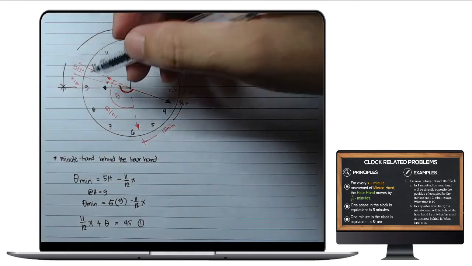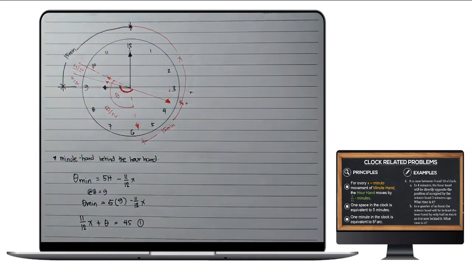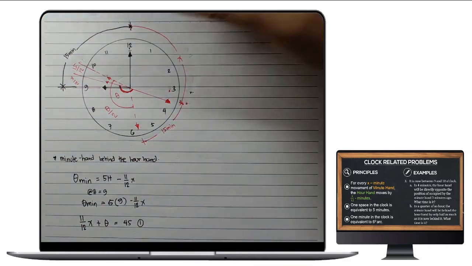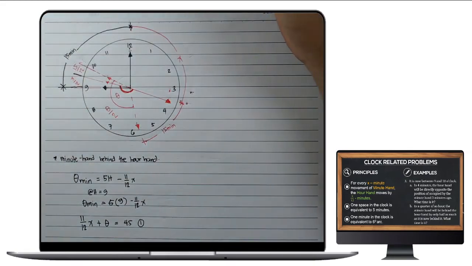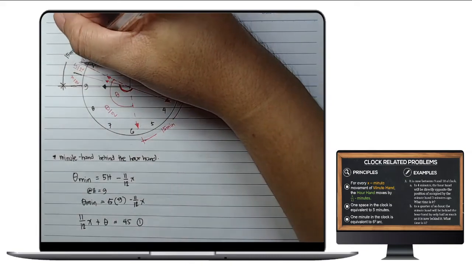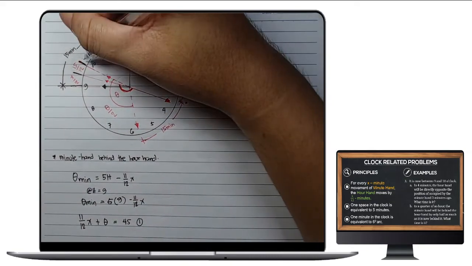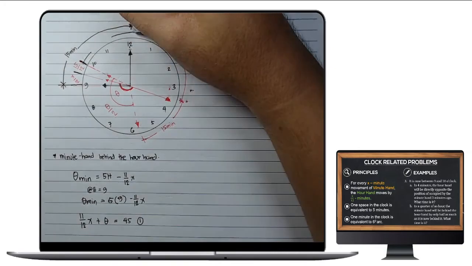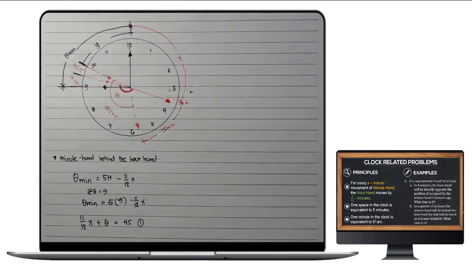So, from 9 going to 12, that is exactly 15 minutes. So, this portion from 9 to this part is x over 12. From the present time after 15 minutes, that is 15 over 12. So, this remaining portion, let's call this y.